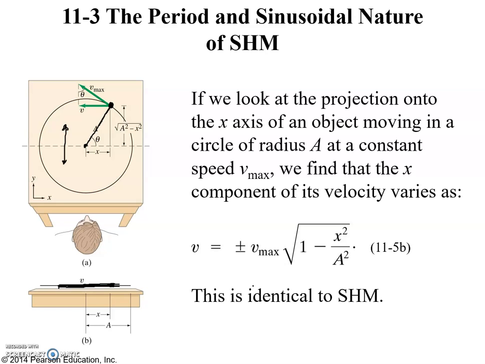And so in this particular case, in this variation here, we can calculate the velocity of the mass by plus or minus the maximum velocity, which is the tangential velocity of the mass, multiplied by the square root of 1 minus x squared over A squared, where x, again, is going to be our distance away from the center point, and A is the maximum distance away from the center point, which would basically be the radius of the string up here.